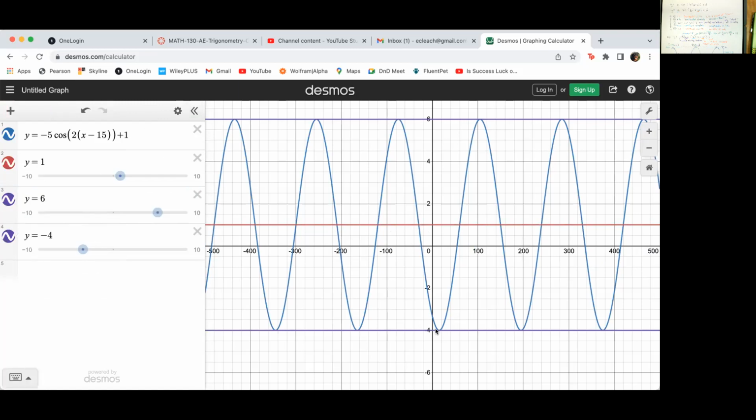So we can see here's our 15, -4. There's 60 and 1. There's the top at 105.6. Those are the first 4 points that we plotted.